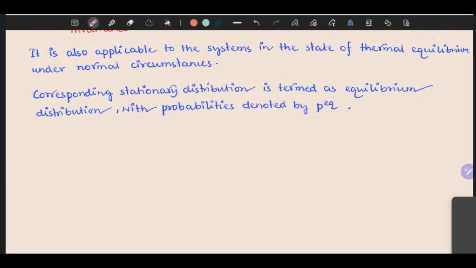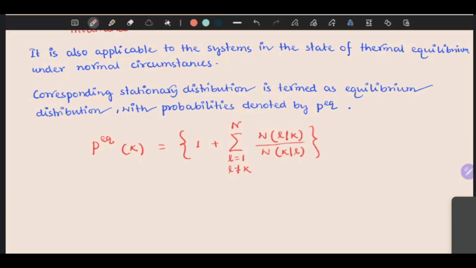The result is the compact formula: P equilibrium of K is equal to 1 plus the sum over L equal to 1, L not equal to K, up to N, of W of L given K over W of K given L, and its inverse.